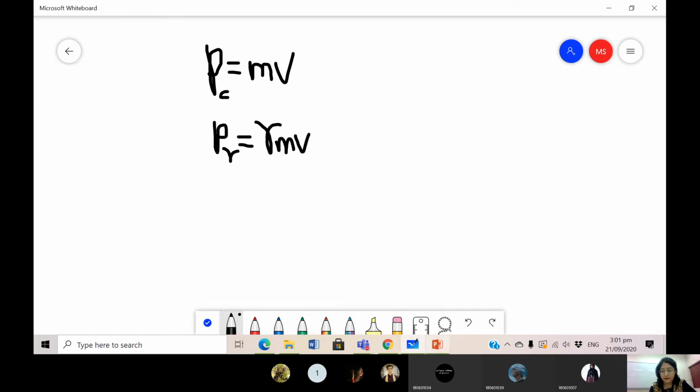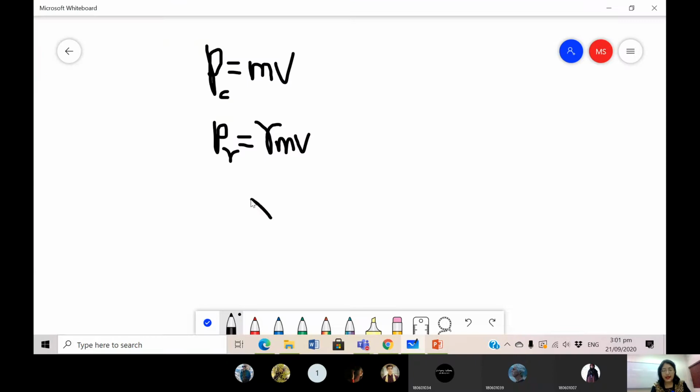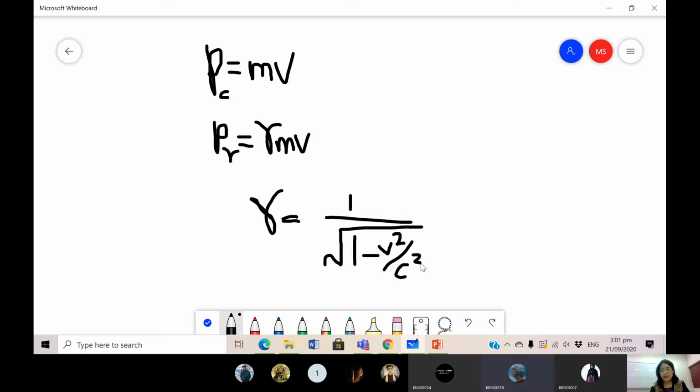So how are we going to derive this formula? Let's see. We need another situation. Basically, what's the formula for gamma? 1 over square root of 1 minus v squared over c squared, right? So if this is the relativistic momentum, in the classical limit, it should go back to the classical formula.